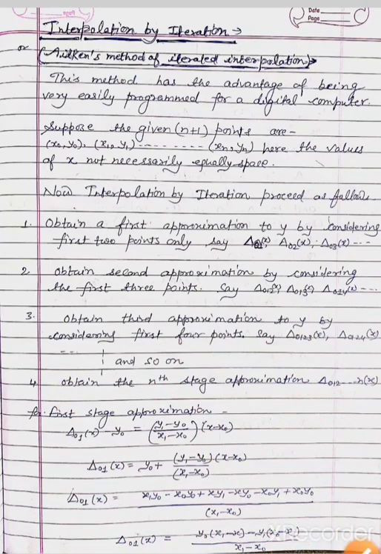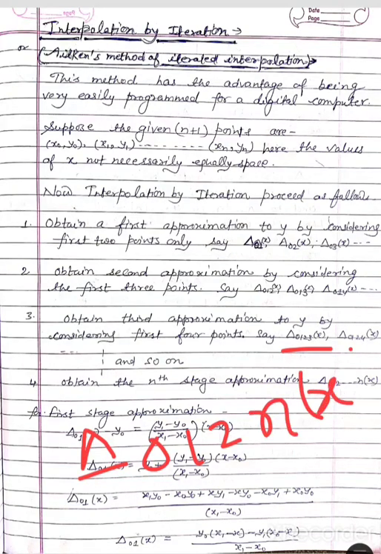By considering these 4 points, we obtain the third approximation of the function, delta 0 1 2 3 x, and by considering the points 0, 1, 2, 4, we obtain the third approximation delta 0 1 2 4 x, and so on. We obtain the last third approximation delta 0 1 2 n x.